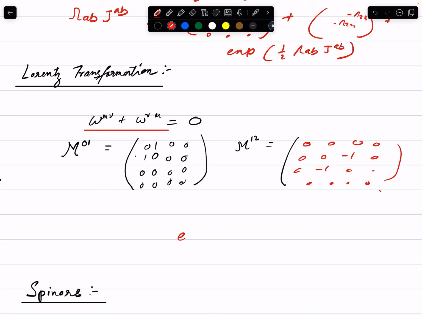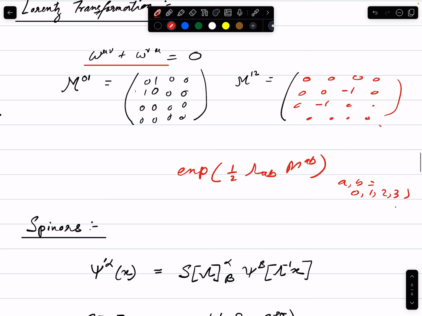And the general transformation is given by, let me call it again, M_AB, where A, B now run from 0, 1 to 3. Okay, so a vector transforms under the rotation matrix, right?